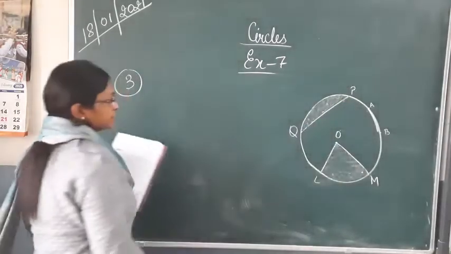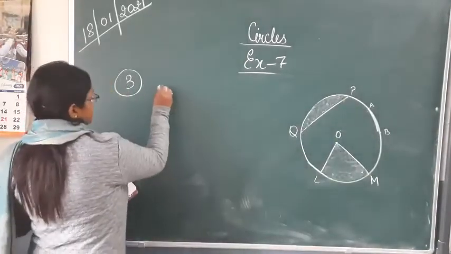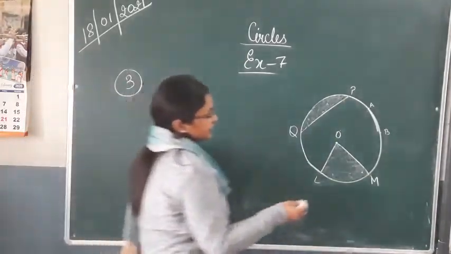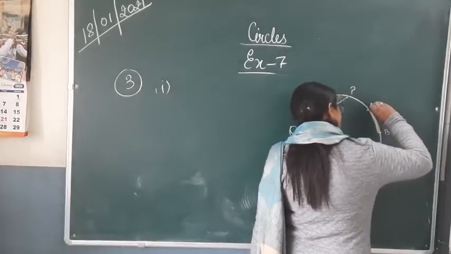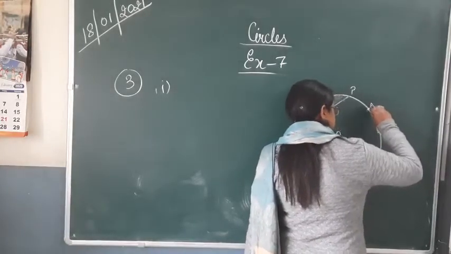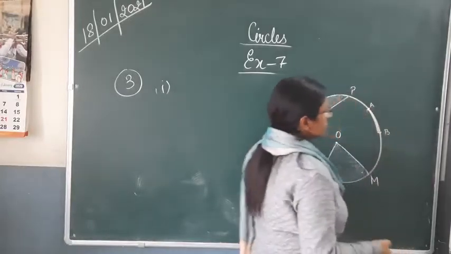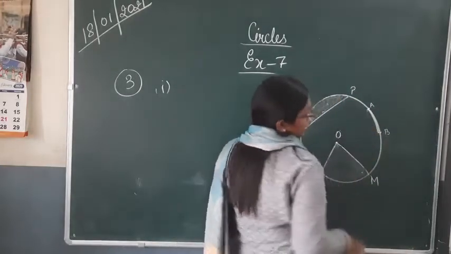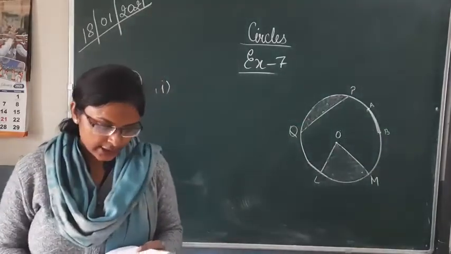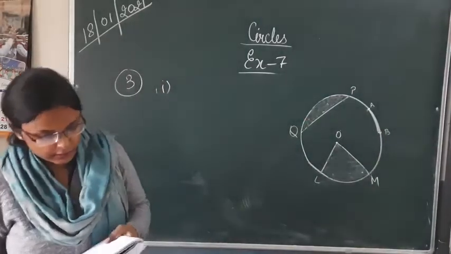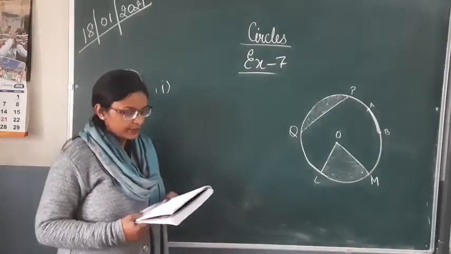Now what is it saying in question number 3, first part. This AB which is given here is an arc. What is AB? Here it is an arc. I told you what an arc is: a part of a circle. A part of the circle between two points is what we call an arc. Okay. So next, the very first is the line segment PQ.